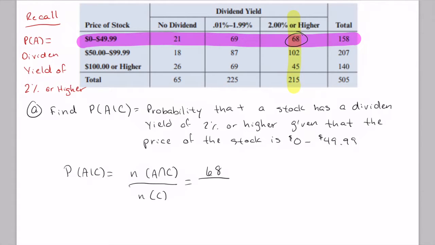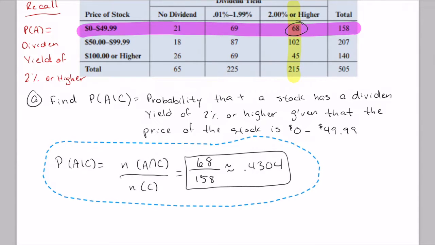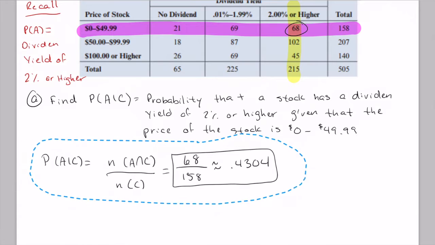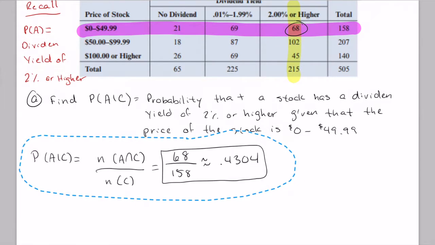And my C is 158, which is approximately 0.4304. Let's make this a lot smaller because it's not going to fit.